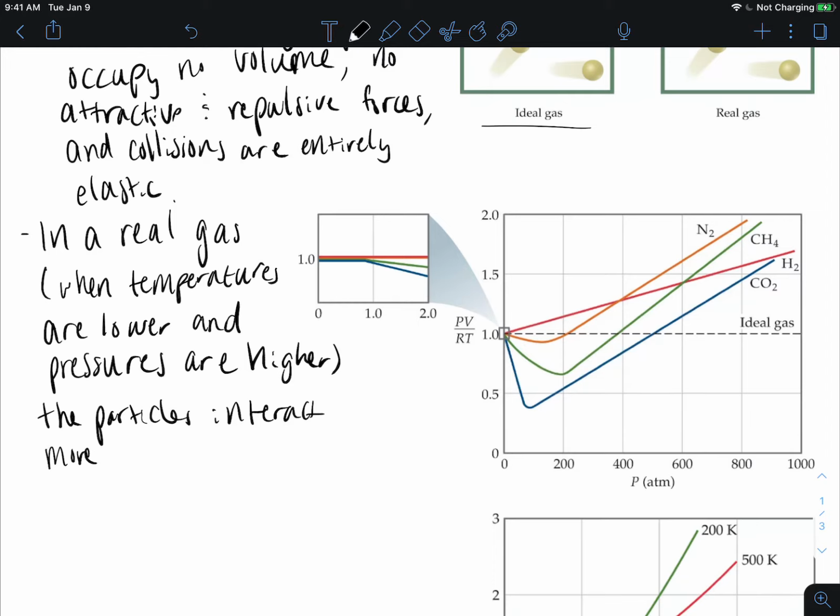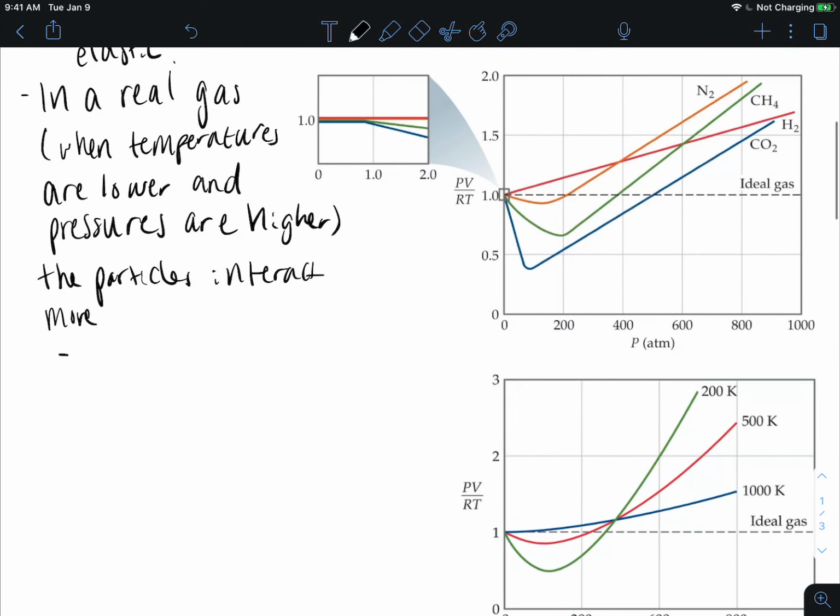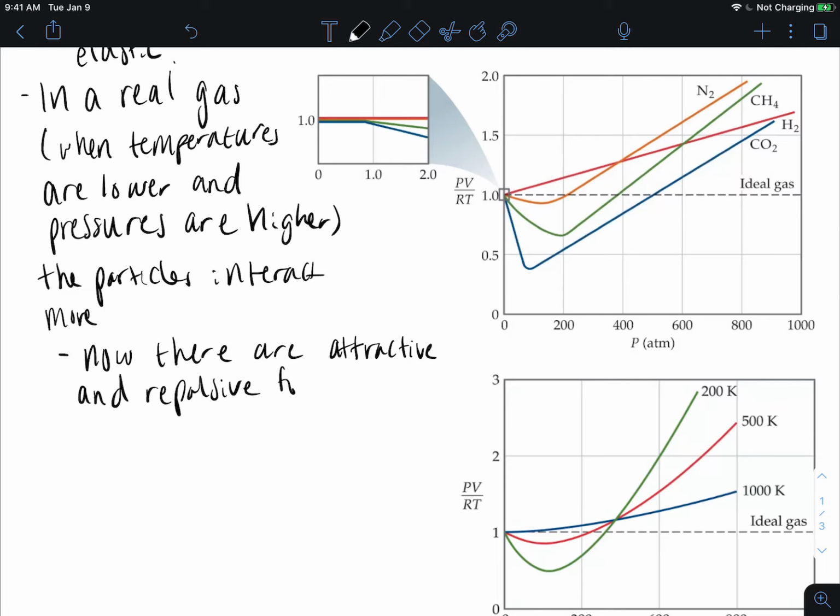And what this means is we don't have purely elastic collisions, and we don't have no attractive or repulsive forces. Now there are attractive and repulsive forces.